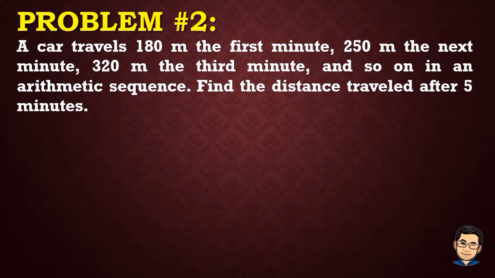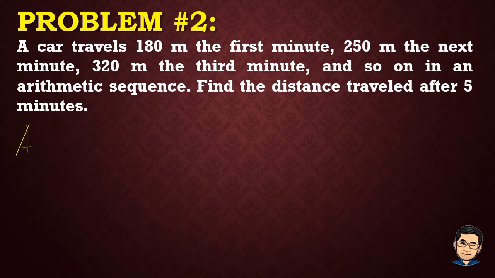a car travels 180 meters the first minute, 250 meters the next minute, 320 meters the third minute, and so on in an arithmetic sequence. Find the distance traveled after 5 minutes. So based po dito sa given problem natin, arithmetic sequence pa rin po siya. So let's identify the given.